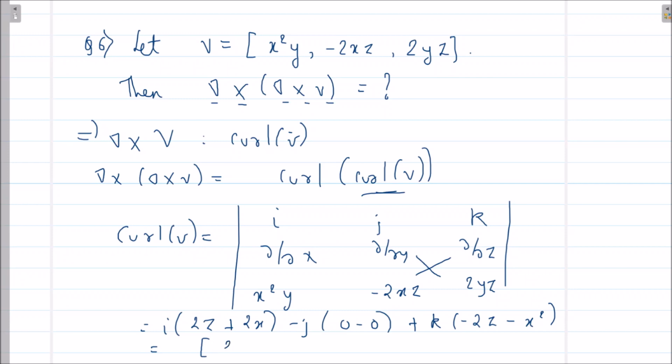So what I get is (2x + 2z, 0, -2z - x²). So this is nothing but the curl of the vector field. Now I won't be solving this ahead. The next step is you have to find the curl of this again. So I think you have the idea.